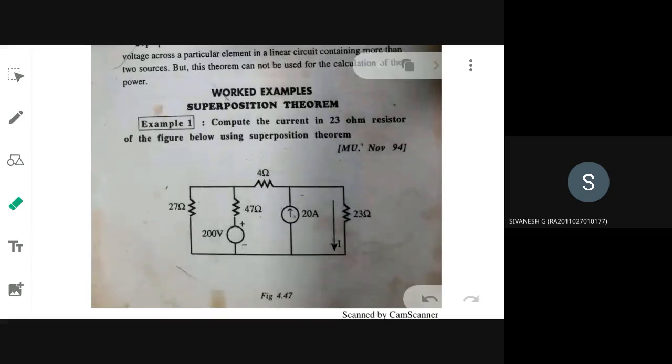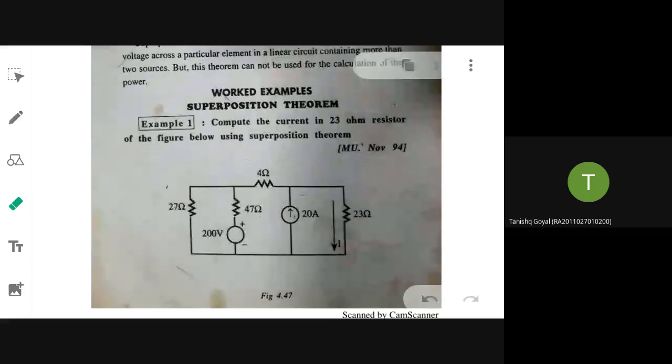Consider only one source at a time, neglecting all the others. Then you find the current or the voltage across that branch. In the second case, you consider source number 2 and neglect all the other sources, and find the current or voltage. Then finally you sum up all the individual cases, and that will be the actual current.